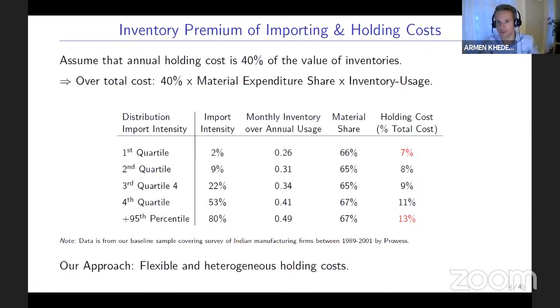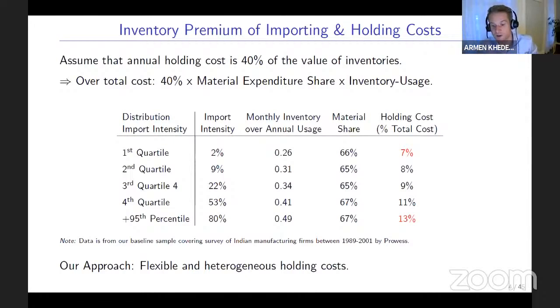Okay, great. One question. Do you know whether these are directly imported intermediate inputs by these firms, or foreign inputs that they obtained possibly indirectly? That's a great question. This also allows me to talk about the sample that we're using.